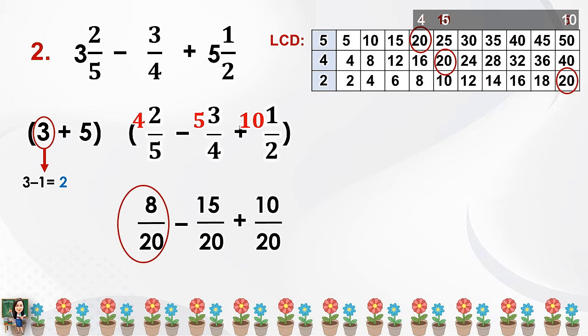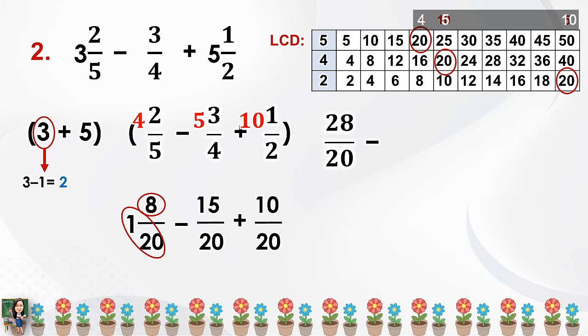The first fraction will be 1 and 8 over 20. Multiply 1 times 20 equals 20. Then add 8. 20 plus 8 equals 28 over 20. So now we can subtract the minuend and subtrahend. 28 minus 15 equals 13.